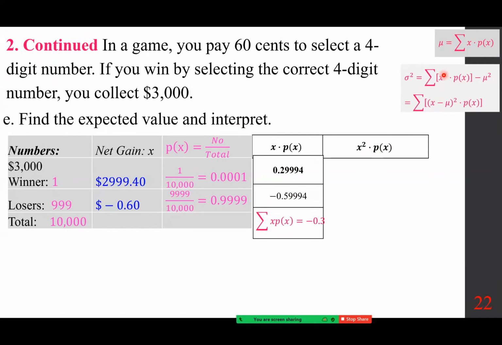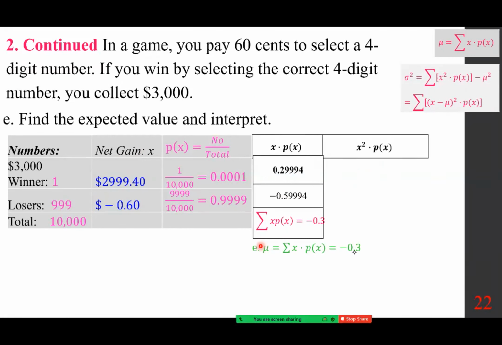To calculate this using this formula, x squared times p of x. Here's x, square this using a calculator, multiplied by this, put it here. Then square this number, multiplied by this, and put it here. So this is x squared.